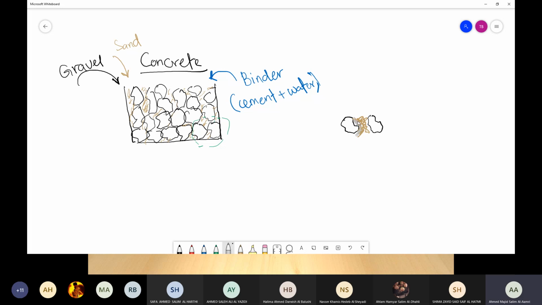Do you agree that this is what is going to be inside as a zoomed section?